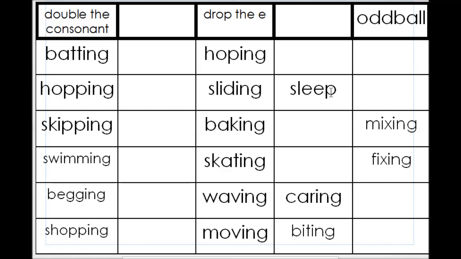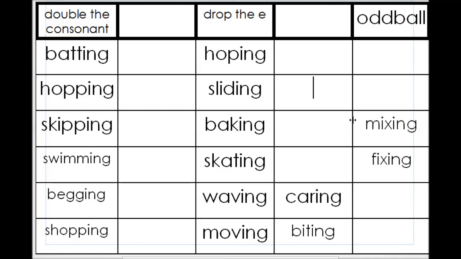We don't have a magic E at the end. We are simply going to add ing. Even with the drop the E, we're not dropping the second vowel in the first syllable in your base word. We would simply add ing.